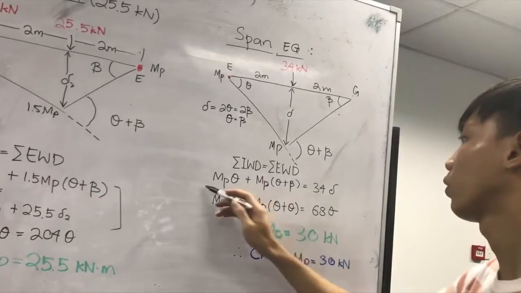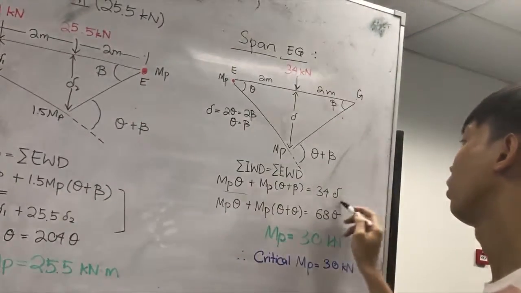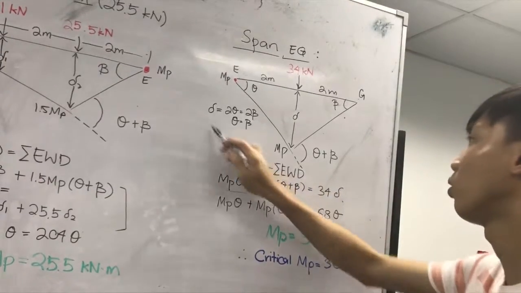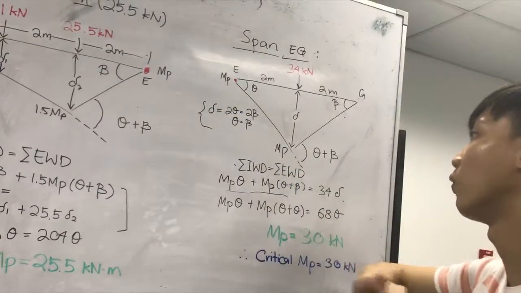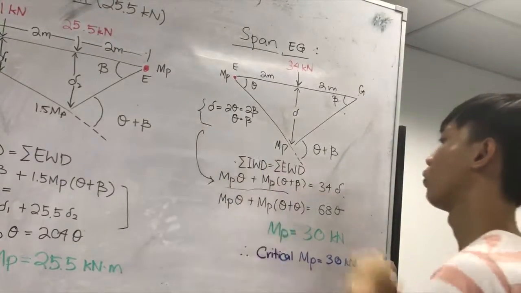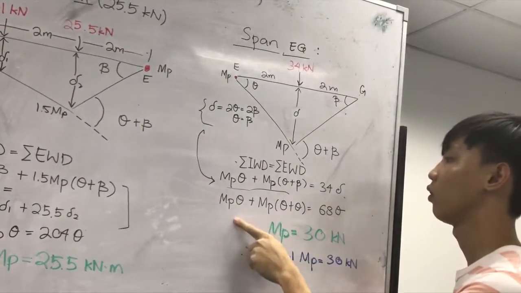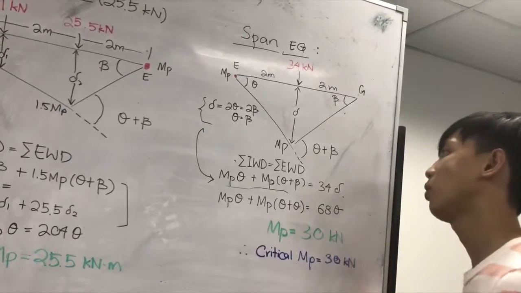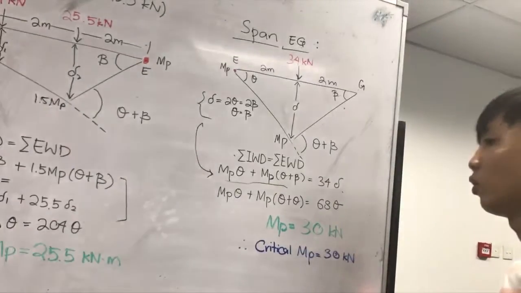So after you define this equation, you have to substitute the delta that you just defined into this equation. Then you will solve it, and then you will get this equation. Solve MP. So the MP for this span is 30 kilonewton.